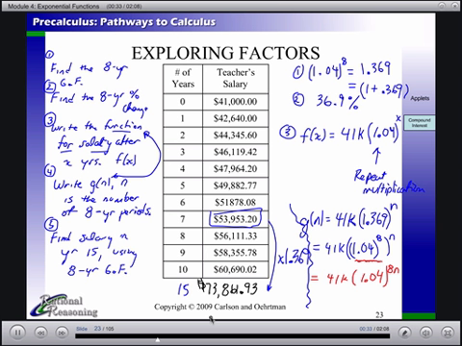So let's talk about one more thing on this, and then we'll move on to decay. Why did you simplify the g of n, the 1.369, to the 1.04? Yeah, all three of those are just three different ways of writing the same function. And you should be able to recognize all three and see how they work.